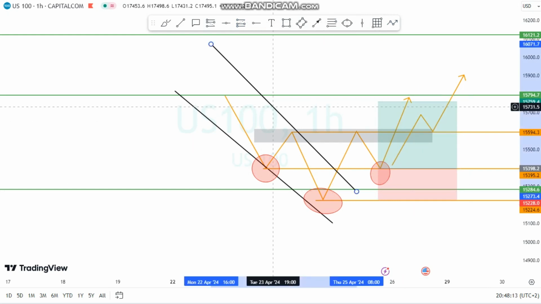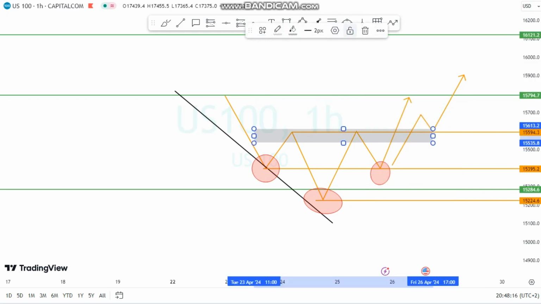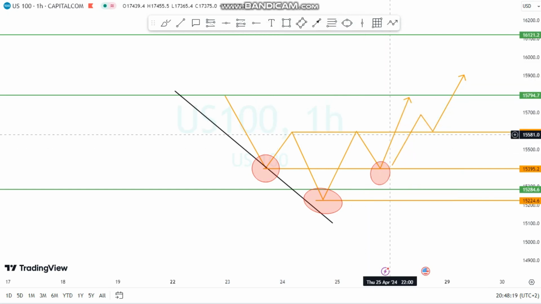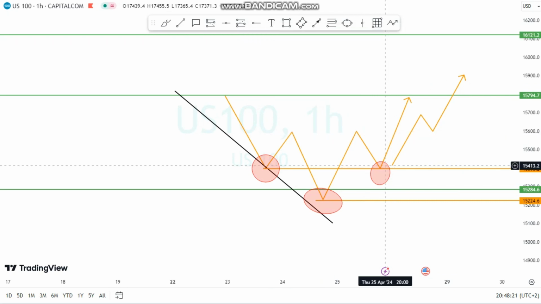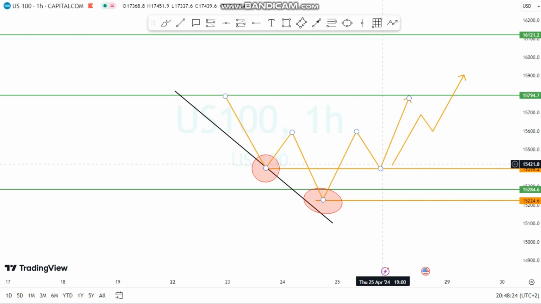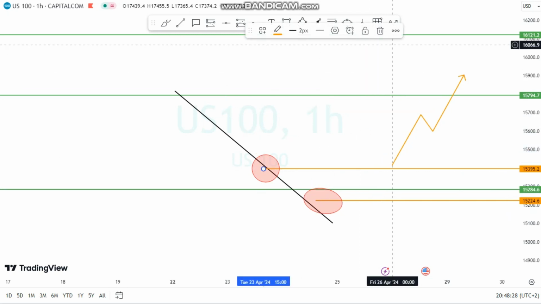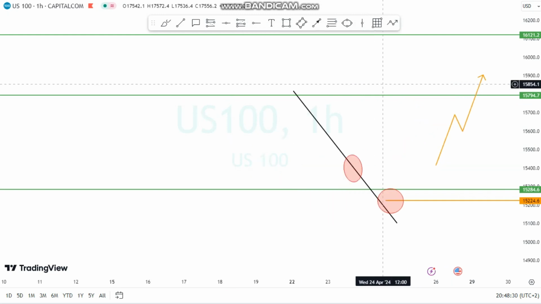But nonetheless, let's look for examples in the real life market. So I've got two examples. Like I said before, it doesn't happen exactly as I drew it on the chart right here. So let me just clear this.